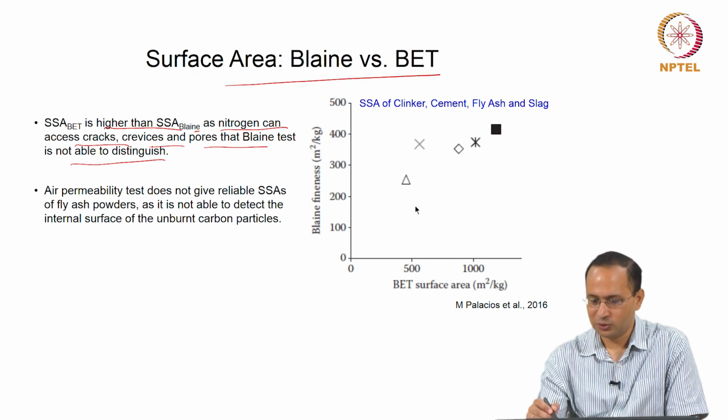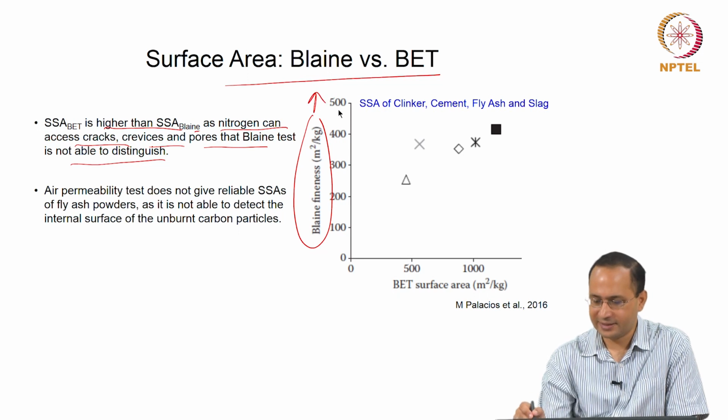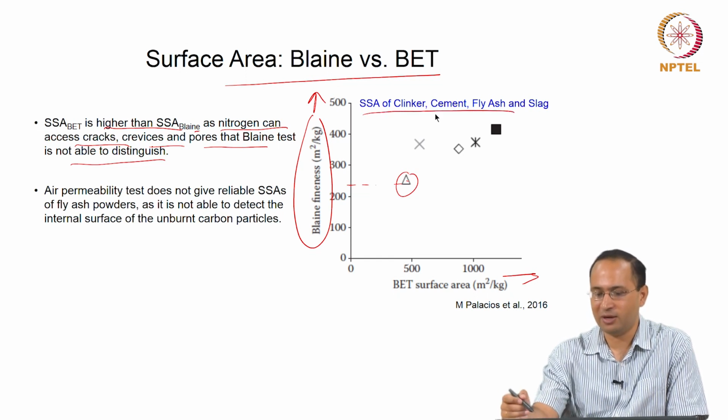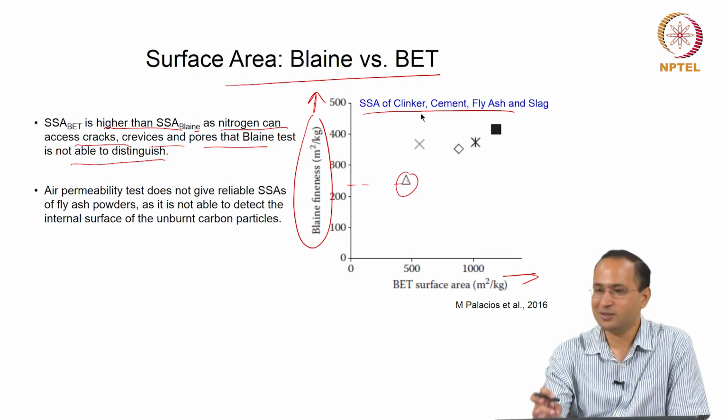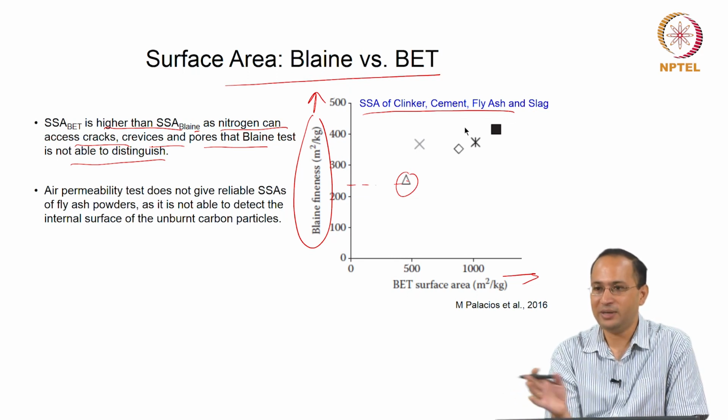So, you see here, the y axis is Blaine fineness, and the x axis is BET. Typical values, suppose this one is close to 500 in this case. You can see this is the specific surface area of clinker, cement, fly ash and slag from this paper. If you look at the specific surface area determined for clinker, cement, fly ash, and slag, you see a general trend: BET values are higher.